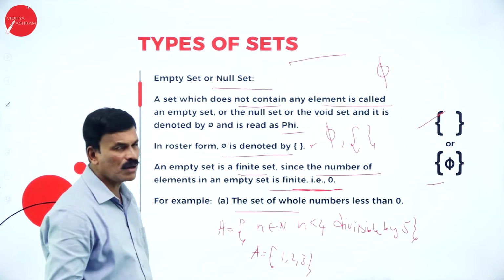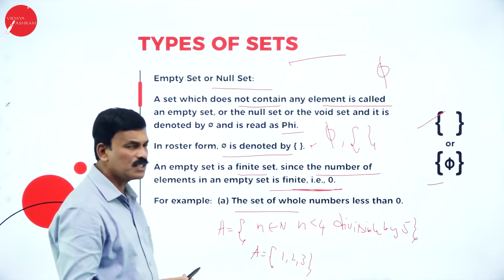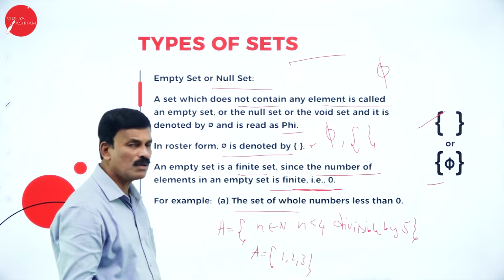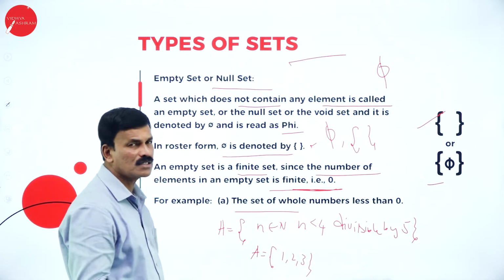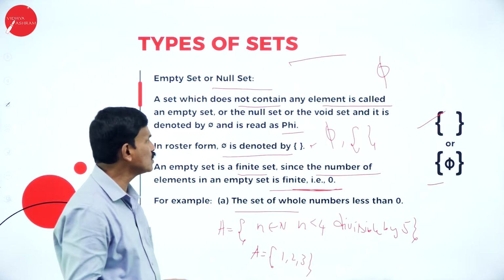Which are divisible by 5? 1 cannot be divisible by 5, 2 cannot be divisible by 5, and 3 cannot be divisible by 5. So this is also an example for a null set or an empty set.